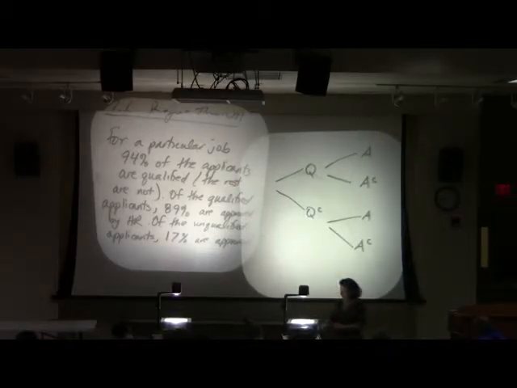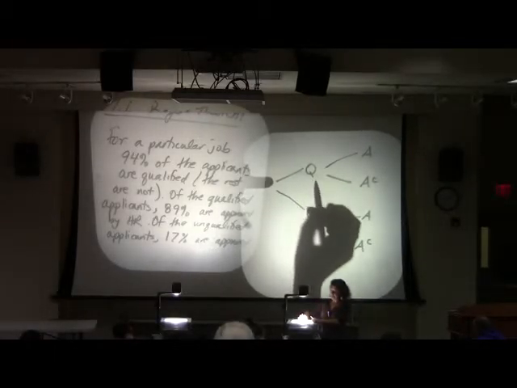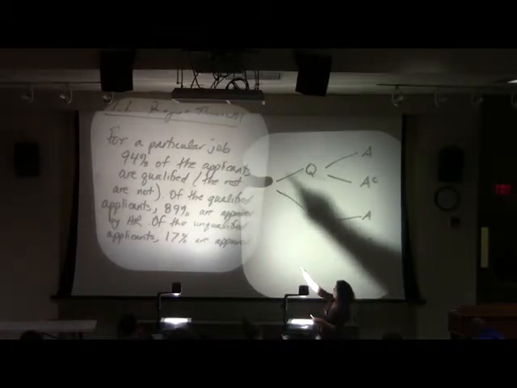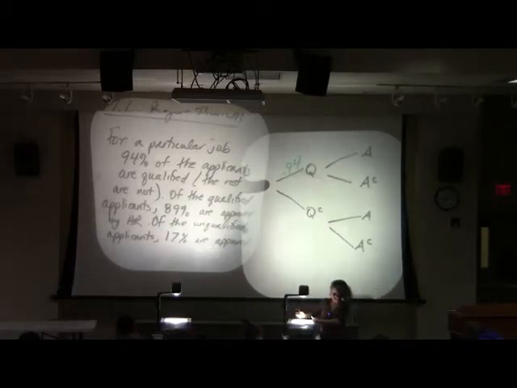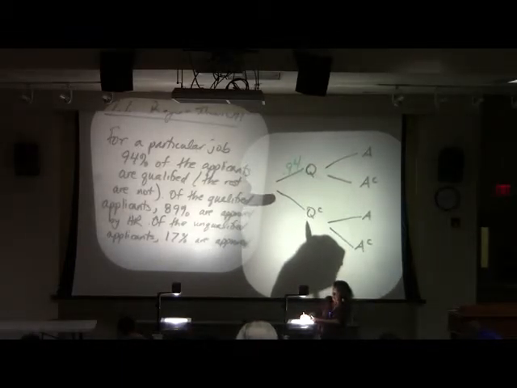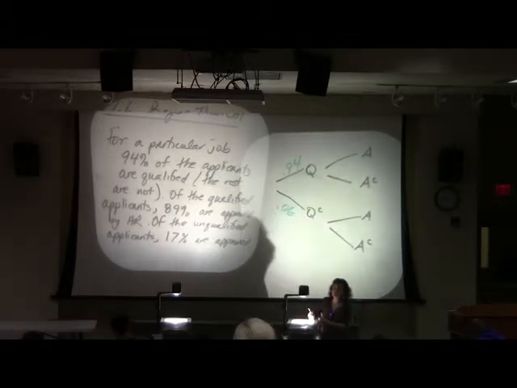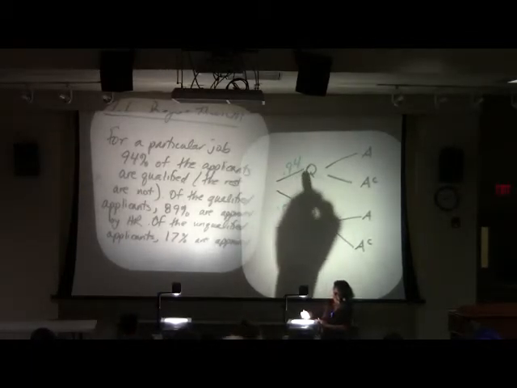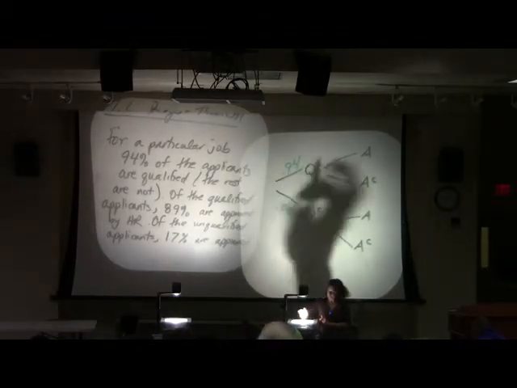Okay, so what is the probability that a randomly selected applicant was qualified? 94% of them, right? So isn't that 0.94? Therefore, what percentage are unqualified? 6%, we would write that as 0.06. I did this intentionally so that you don't write 0.6 here. Okay?